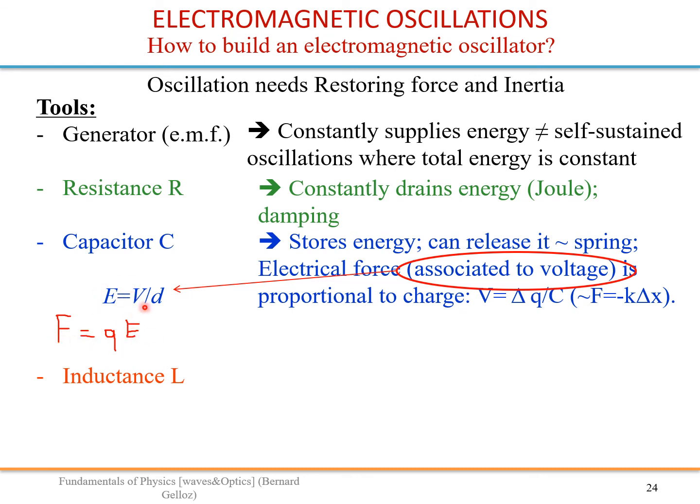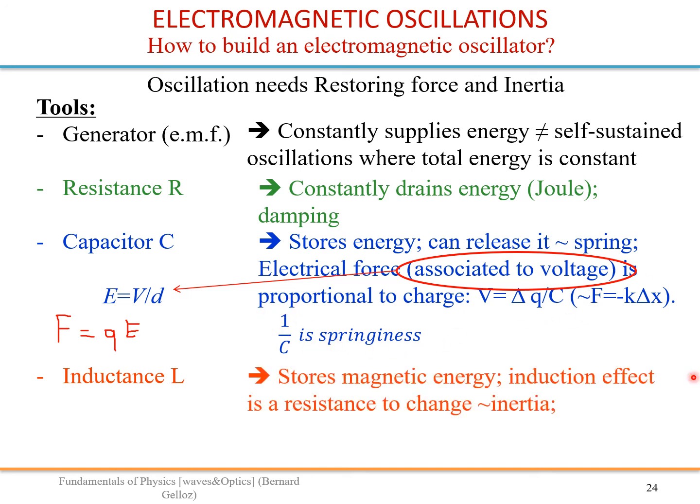So voltage is associated to an electrical force. And then we have the good analogy between voltage, force, and so delta Q, delta X, and the property K, and 1 divided by C. So in our case, the springiness of the system is 1 over C.